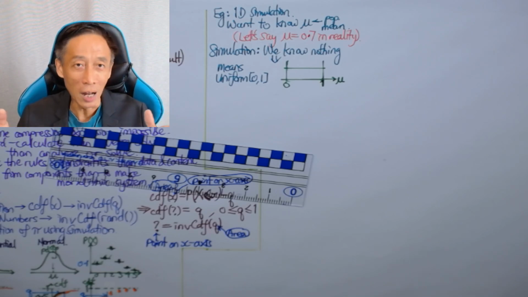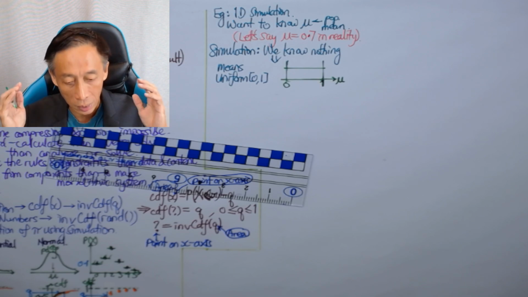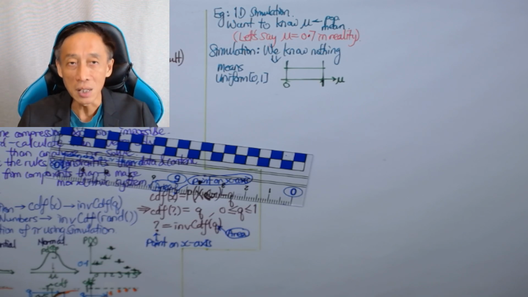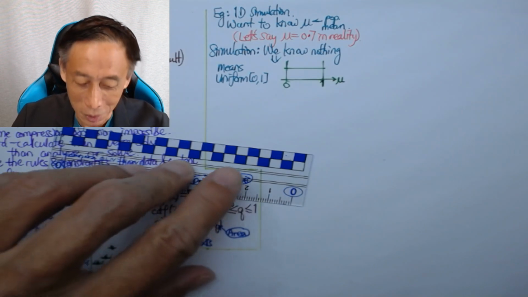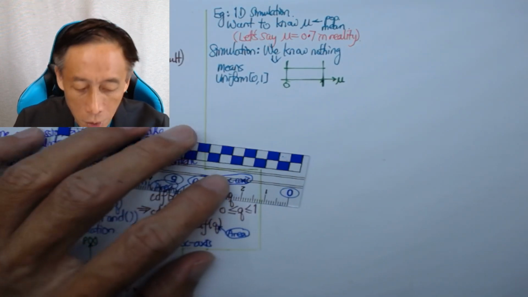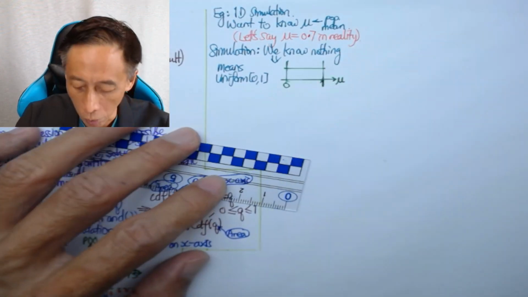Or it can be 0 to 5, 0 to 10, doesn't matter. So long as it's a fixed range, then what's the chance of mu equal to that number? Well, they are equal in likelihood, correct or not? Because we have no ground to say that mu is a certain value or closer or larger than a certain value. So it's going to be uniform.